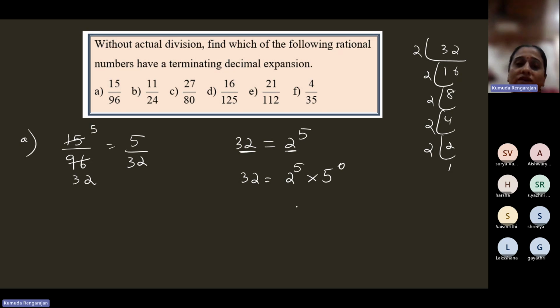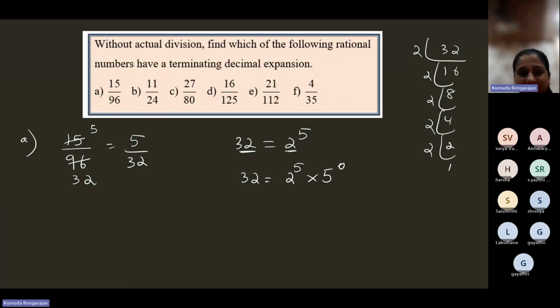If the factorization of the denominator has primes 2 or 5 or a combination of 2 and 5, then that p by q will have a terminating decimal expansion. Denominator 32 is 2 to the power 5, which is nothing but 2 to the power 5 into 5 to the power 0.